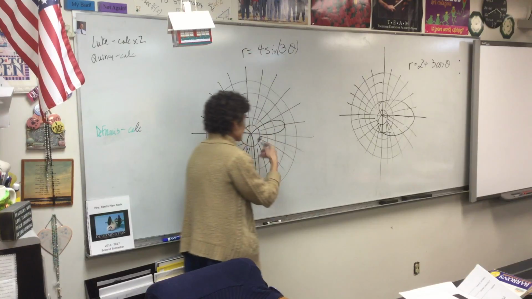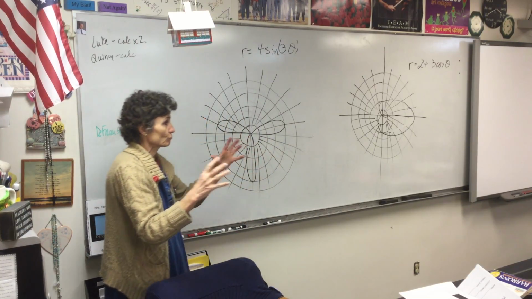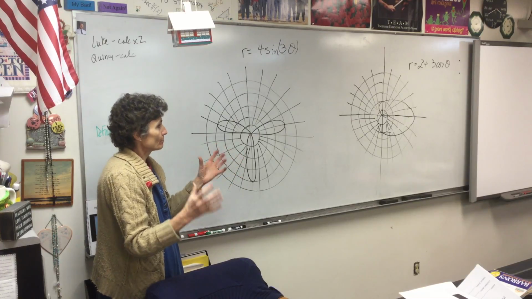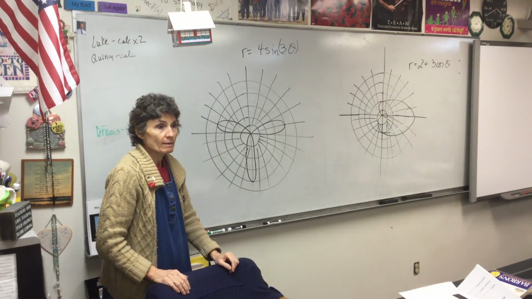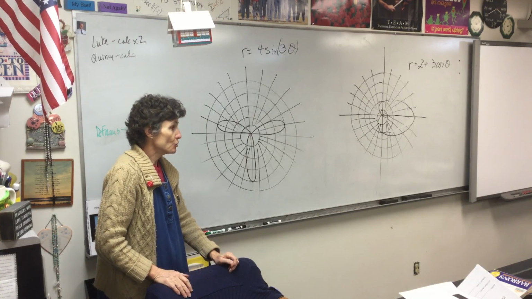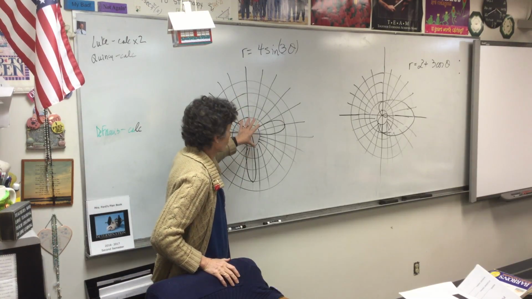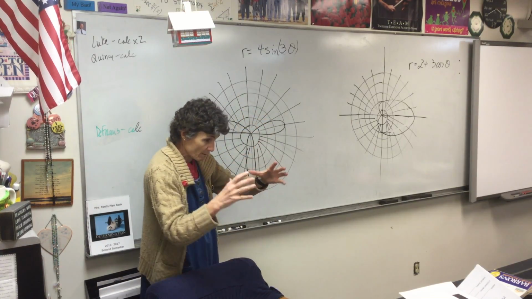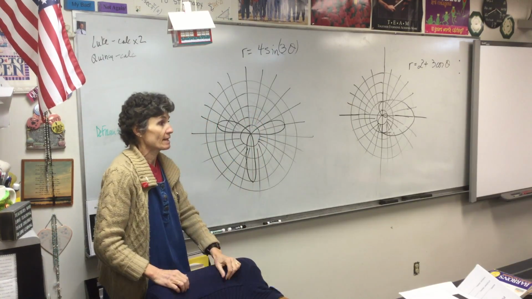So both these graphs would get full credit because they have the right shape, sized right, reasonably symmetric. There you go. Okay? So on your test, whatever I give you, you need to be able to graph it on the calculator, and then reproduce that on the paper like they did up here.